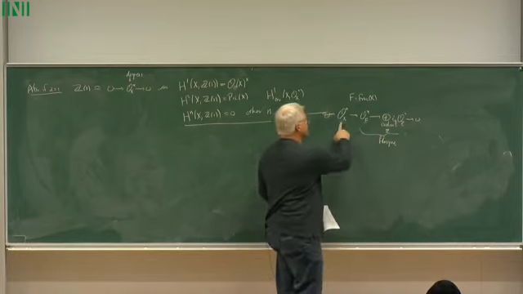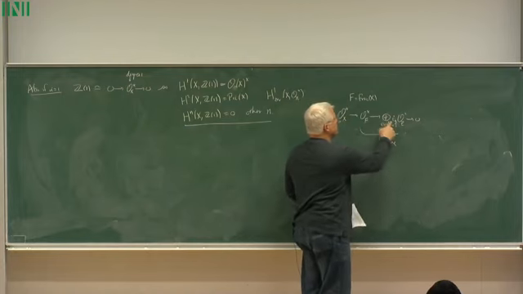And so if you want to take the cohomology of this, you just take the global sections of this and the global sections of this.